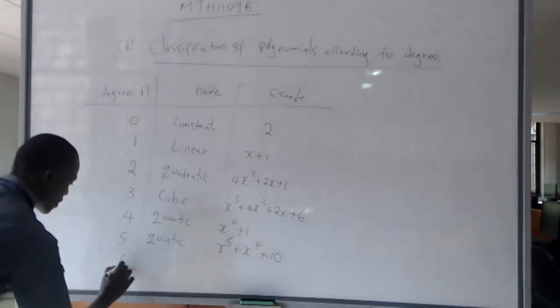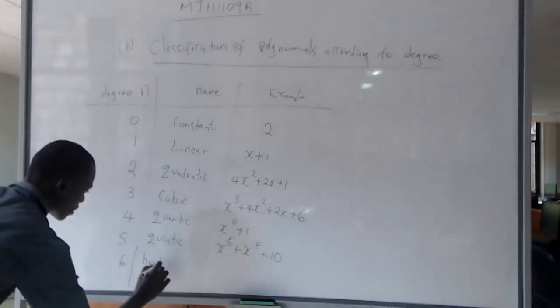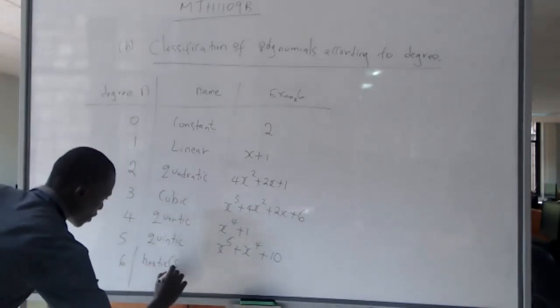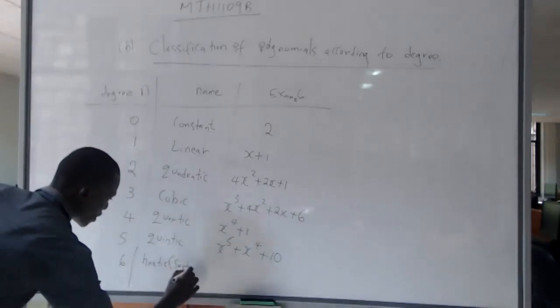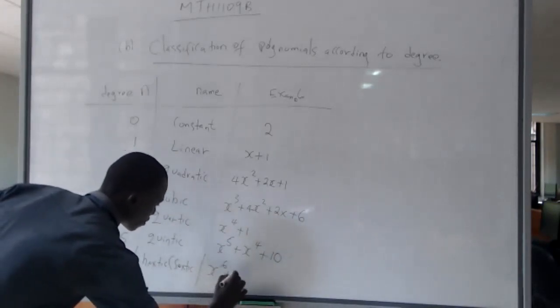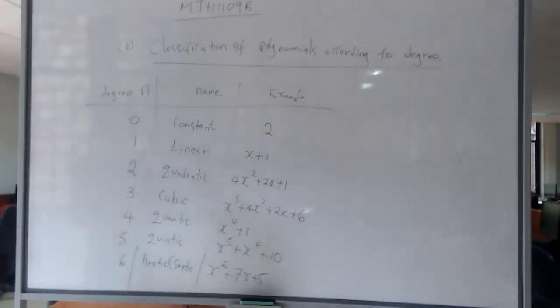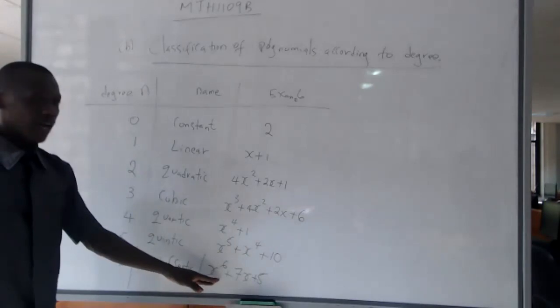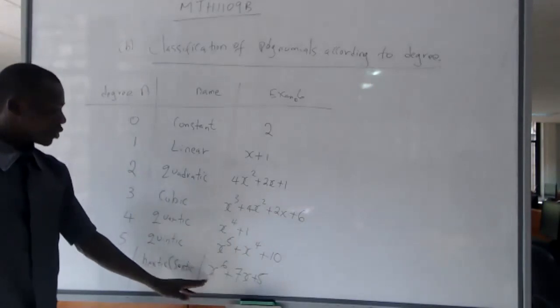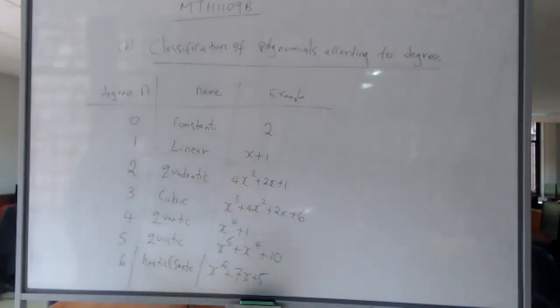When the degree is 6, we call it hextic. Some books will call this sextic. Example, x to the 6 plus 7x plus 5. So I'm just looking at the term with the highest exponent. If it has a non-zero coefficient, then that will be the degree of the polynomial.